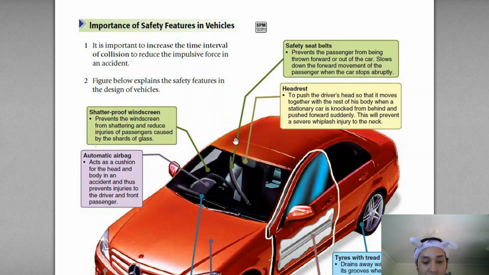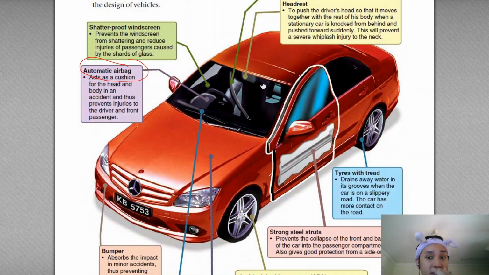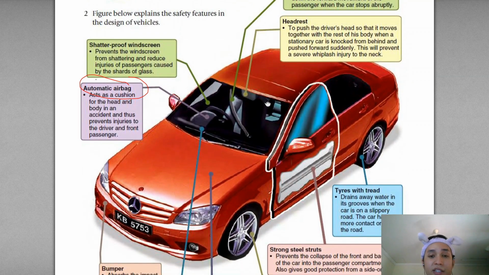That is why we have safety seat belts and airbags. All this slows down the movement of the passenger, because they prolong the impact time. As you prolong the impact time, the impulsive force that you experience will be lower, hence you will not get injured.